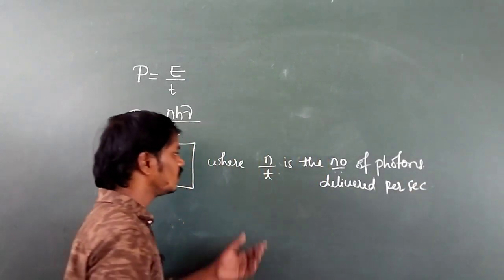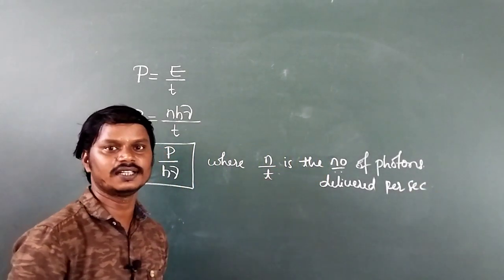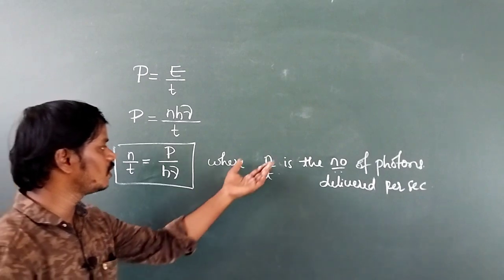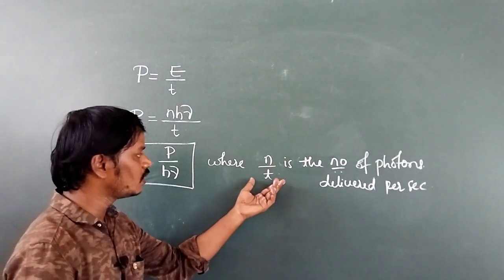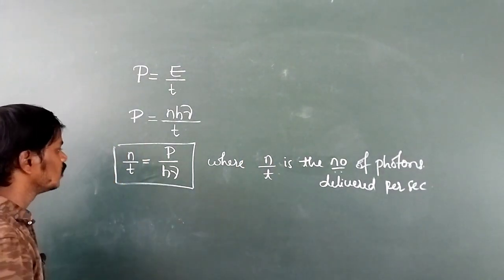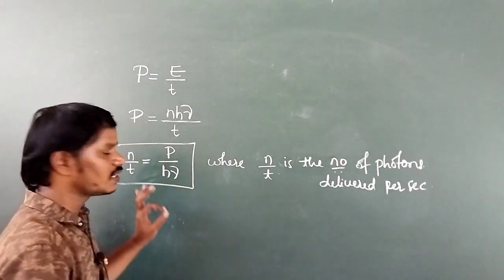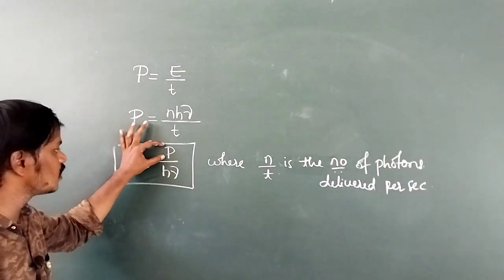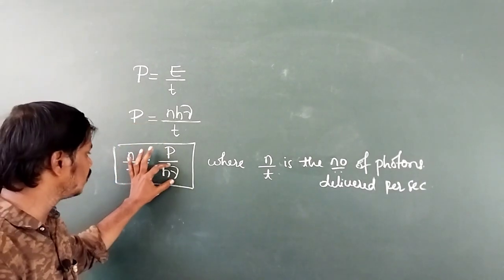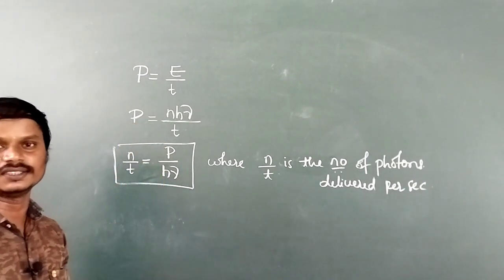Otherwise, it is the rate of the photons. Rate of photons means the number of photons delivered per time. So we use this formula only when the power and frequency of incident radiation are given. P is the power of the monochromatic source and nu is the frequency of radiation.